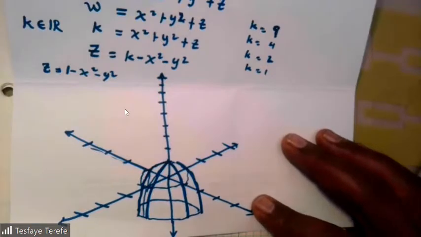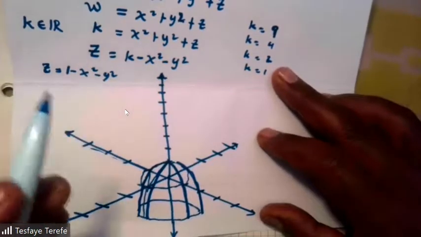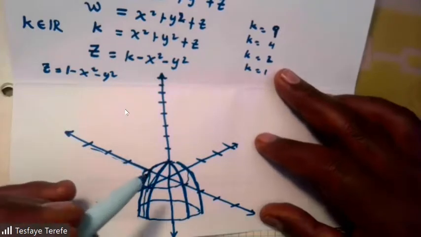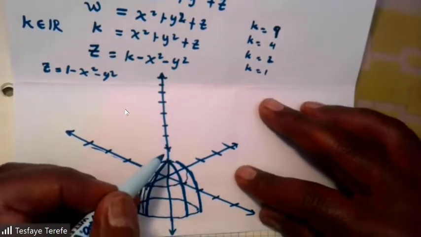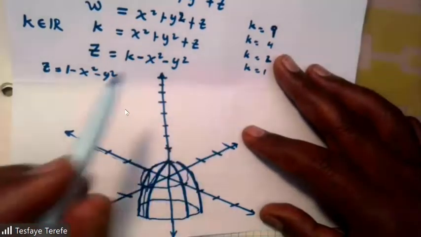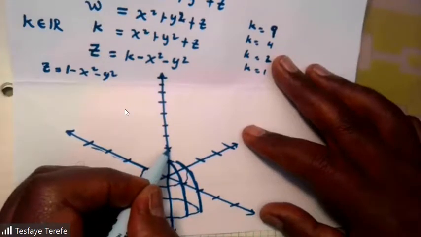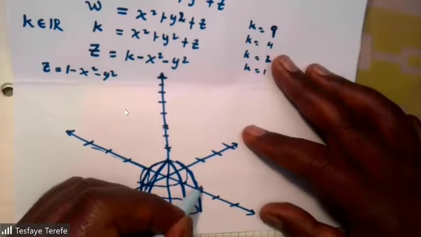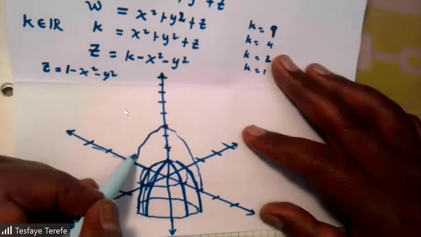Okay. Now when K is, let's say, 4, let us start with 4. I'm sorry, when K is 4, it's going to be starting at 4. 1, 2, 3, 4. And then it is going to be 2 here. So you are going to have a paraboloid coming like this one.